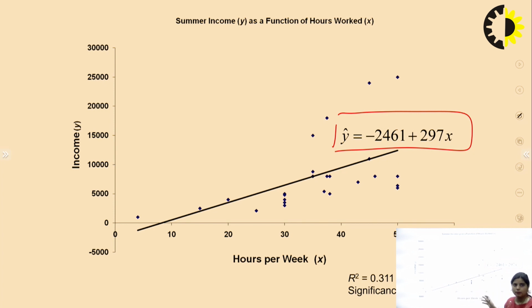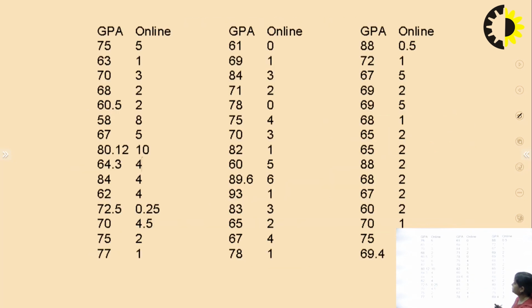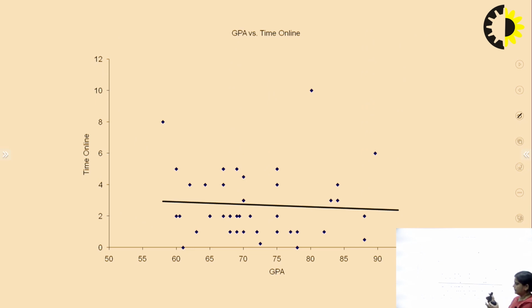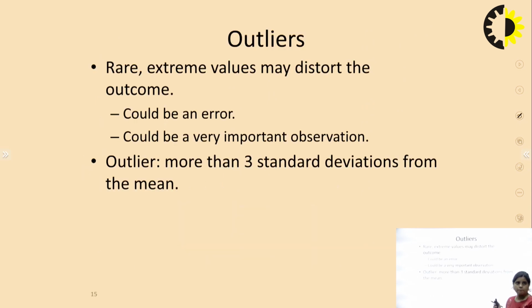So here in this particular equation, there is a straight line going between these two dependent and independent variables. It means this is a simple linear regression model. Again, the example is given, and that graph is going to be present here.